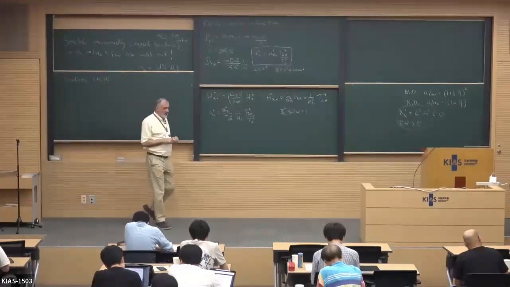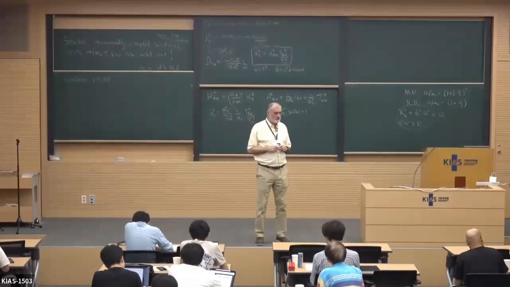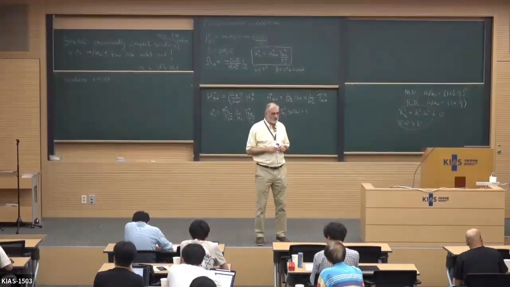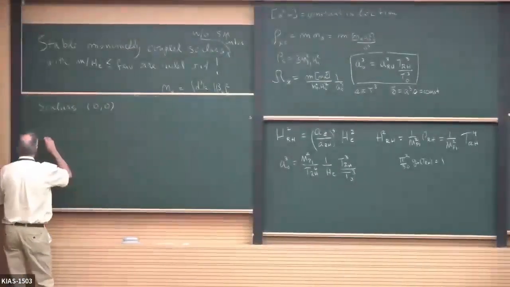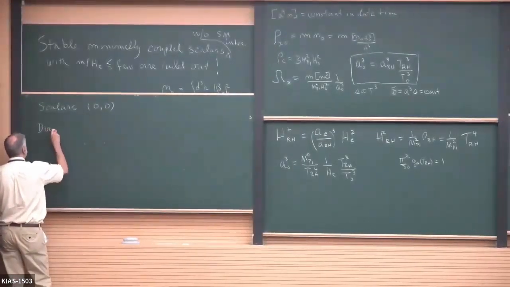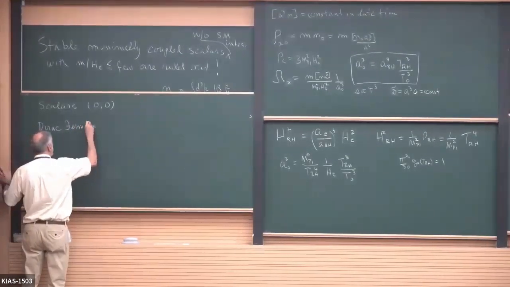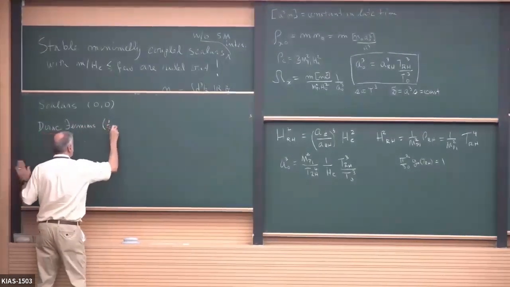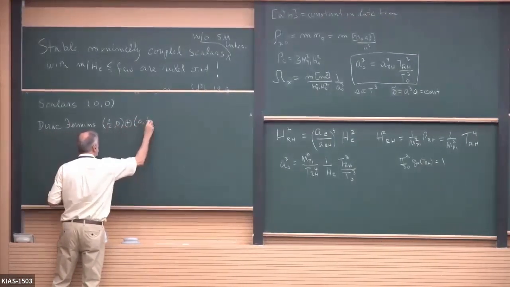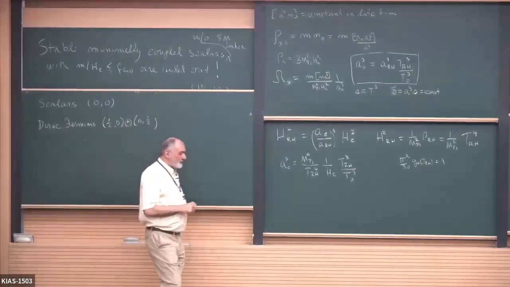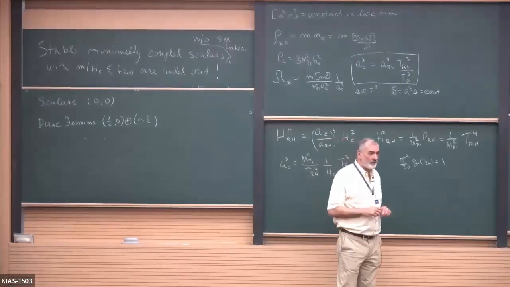Scalars are described by a (0,0) representation of the Poincare group. We heard from the lectures, I believe, on Monday that Dirac fermions are the (1/2,0) plus (0,1/2) representation of the Poincare group.